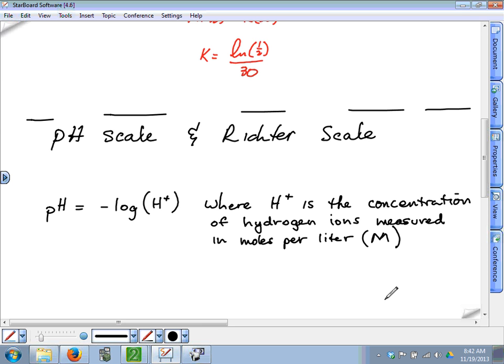Anything above 7 is a base. Soap, possibly. I don't know. I'm not too familiar with the bases. It says here, just in the book, human blood has a pH between 7.3 and 7.5. Seawater is about 8. Milk of magnesia, whatever that is, 10.5 on the pH scale.